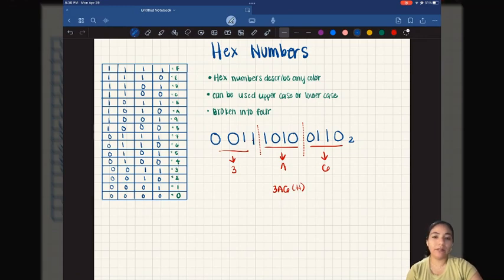Now we can do the reverse as well. We can get a hex number and convert that into binary. Essentially, it's the same thing. We're going to be matching our table. So B, we go over to the B, see that that is 1011. We look at the C, 1100.